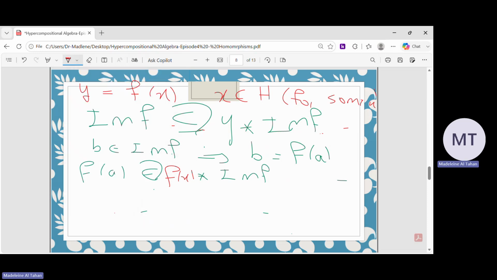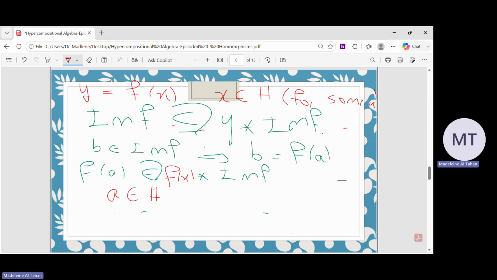And this a is in H. So f of a belongs to f of x star image of f, and a belongs to H. We need to show that this f of a is in f of x star image of f.